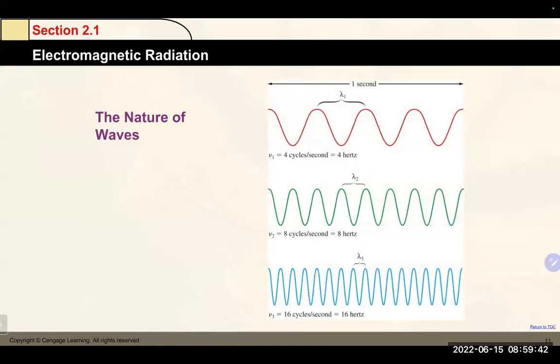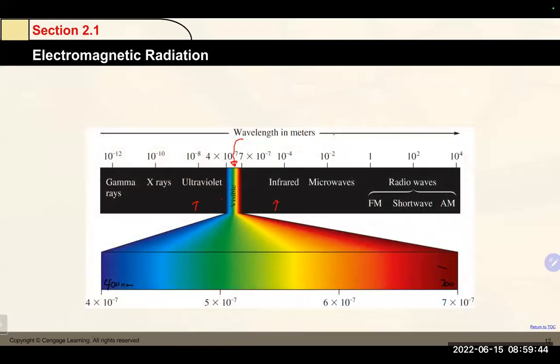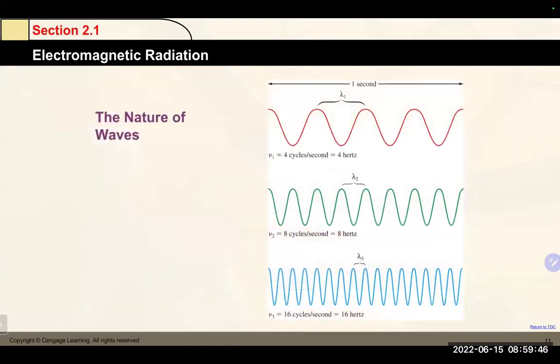All right, so as I mentioned before, the wavelength is related to the energy of a wave. And as we can see here, we even see some differences with different colors, because they come off at different wavelengths. We can see red has a much larger wavelength than, say, green, and green has a larger wavelength than blue.